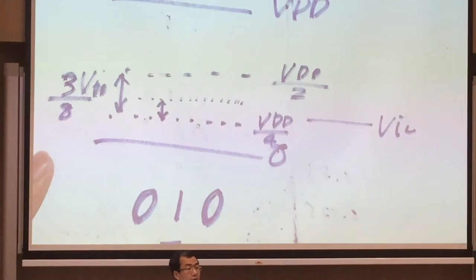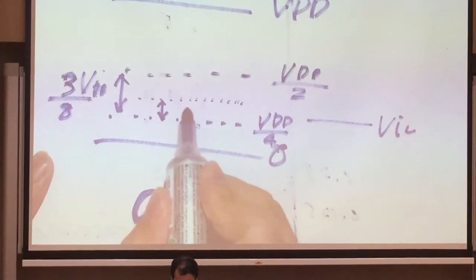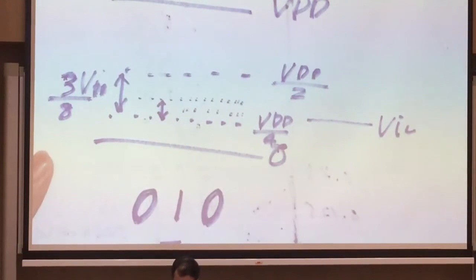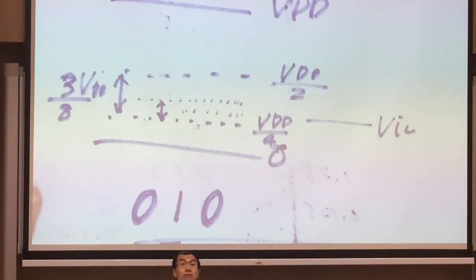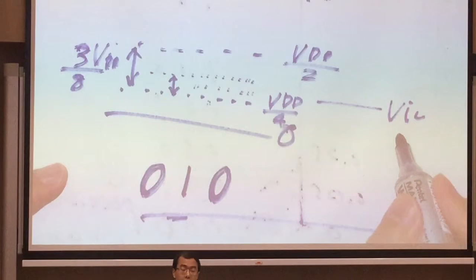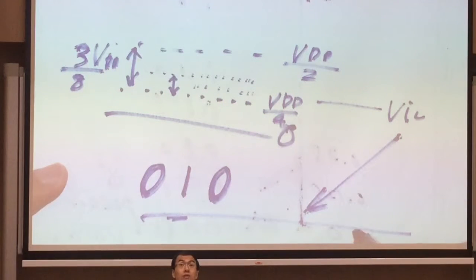You can compare with more levels in between here. You can have more bits. So in this way, you can generate the digital output. Now your V in is your analog input, and this is your digital output.